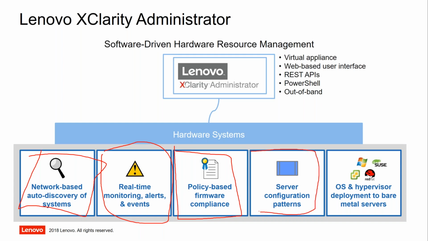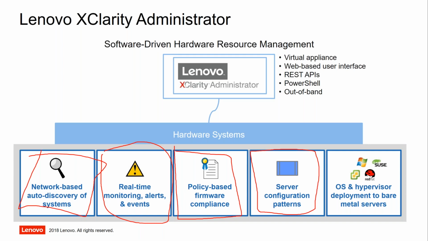Fourth area is what we call server configuration patterns. The idea of being able to set up the hardware more seamlessly, being able to define standards so that if I'm rolling out a series of systems or switches, I've got a consistent way to do that configuration that is both easier than simply going through, configuring each server one by one, and then also consistent that I know the machines are being deployed with the same settings.